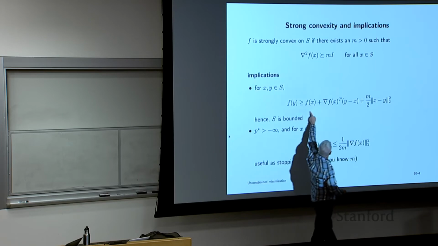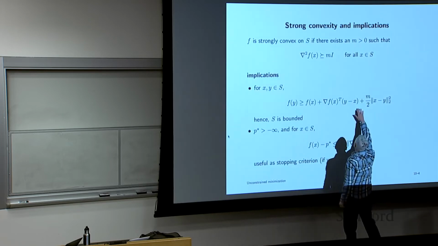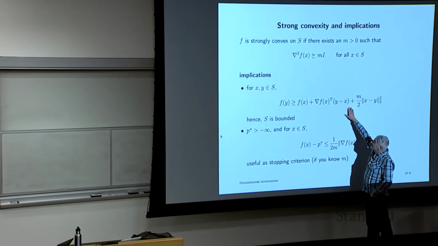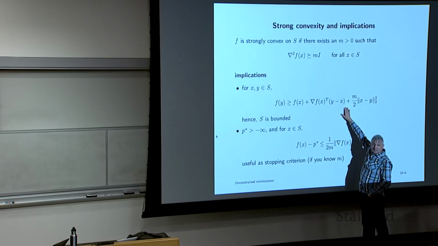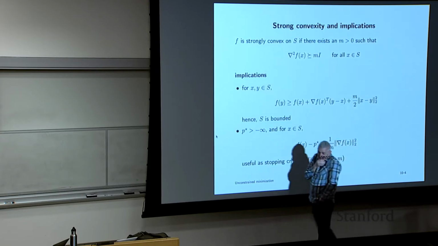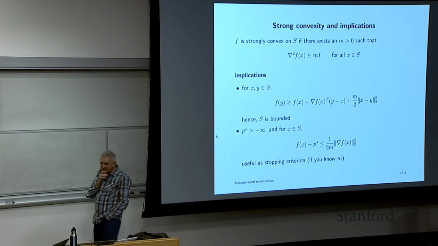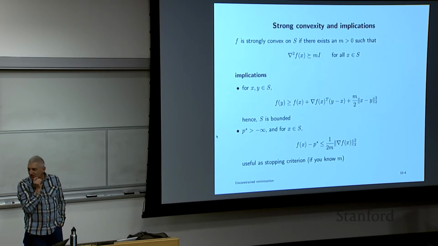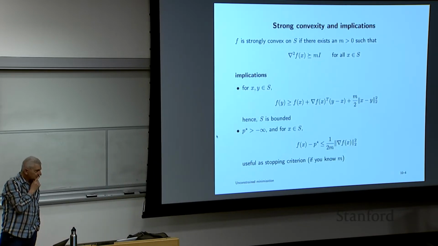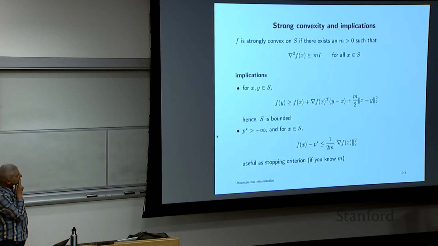This first part, up to here, is true for any convex function, that's the basic inequality. What this says is, it applies with a little bit more, that's the minimum curvature constraint. So it strengthens that basic inequality we saw 6 weeks ago, or 7 weeks ago, whenever it was.